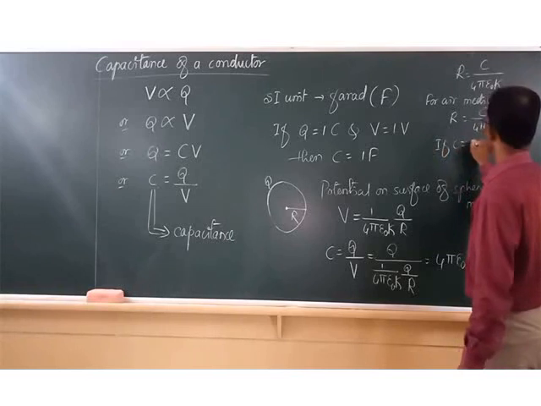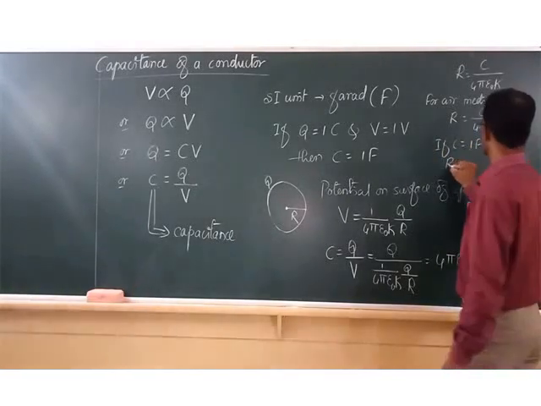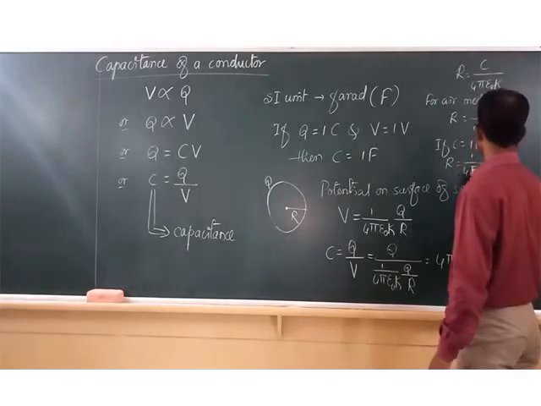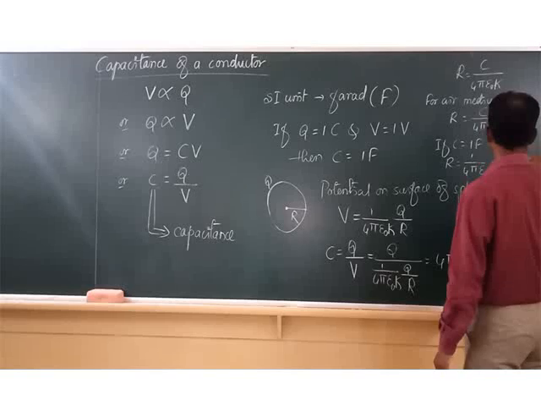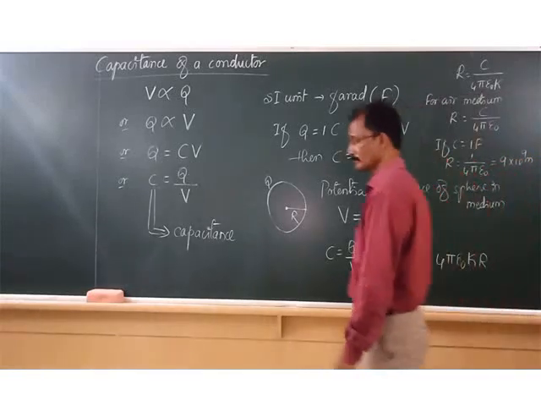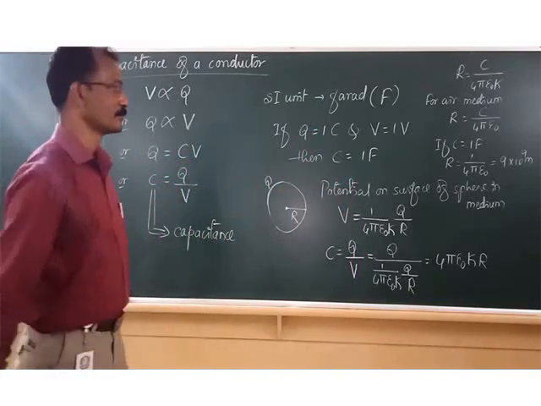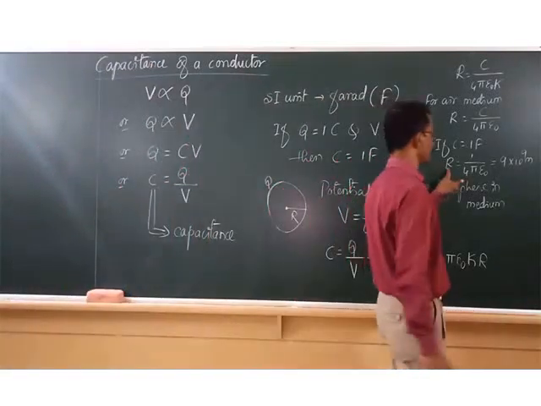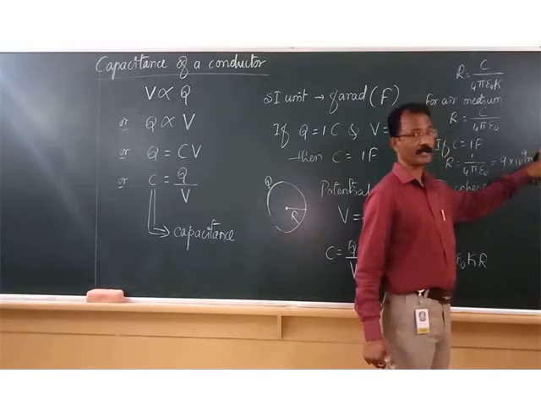If C equals to 1 farad, R equals to 1 divided by 4 pi epsilon naught, which is equal to 9 into 10 raised to 9 meter. To get 1 farad of capacitance, the radius of the spherical conductor required is 9 into 10 raised to 9 meter.